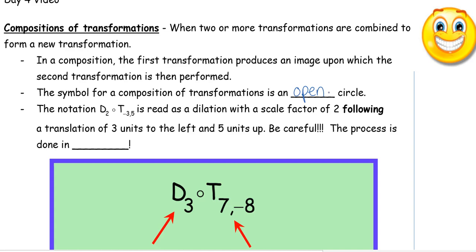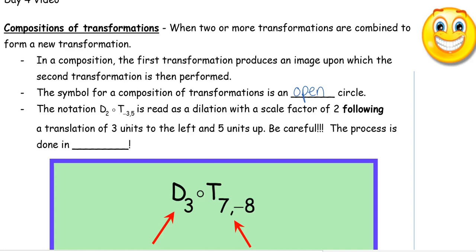We use the notation. So if I have two different transformations here, the D is representing a dilation by factor 2. The T is representing a translation, left 3, up 5. So again, let's say we are going to do rotation. I rotate 180 degrees. I do that transformation.